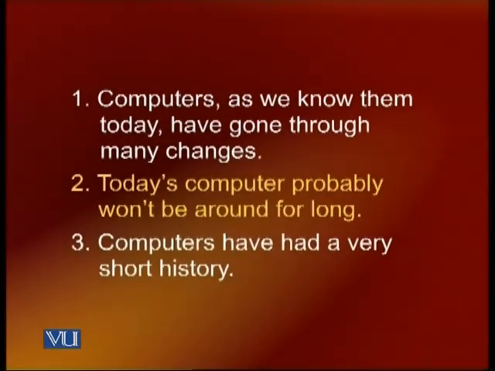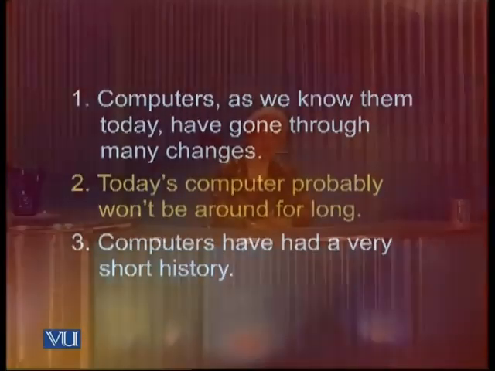Today's computer probably won't be around for long. Choice number 2 is a prediction. It's not a fact. It is not the main point in the description of the history of computers. This text describes the history, how computers evolved. And choice number 2 is a prediction. It is not a fact.